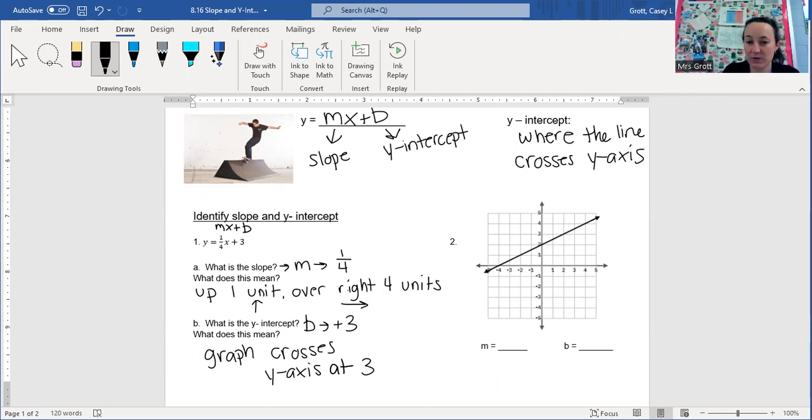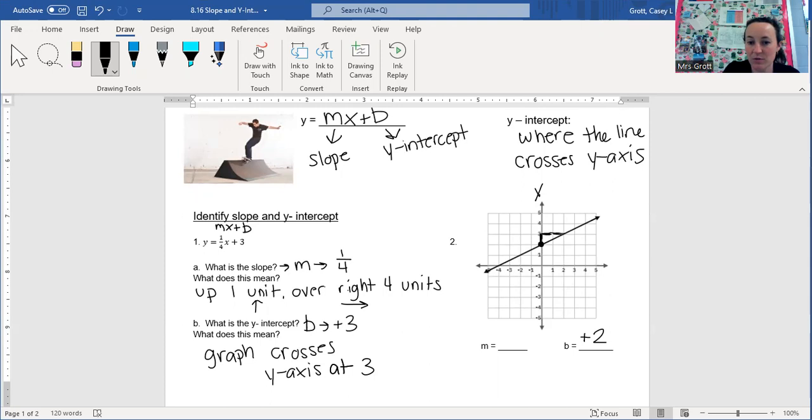What if you're not already given the equation? So let's put some points on the graph. Let's go ahead and put a point where it's crossing the y-axis. Here is my y-axis. So b is going to be a +2. Okay? Going up 1. And then if I go here, I'm in the middle of a box. I'm not actually touching the line yet.